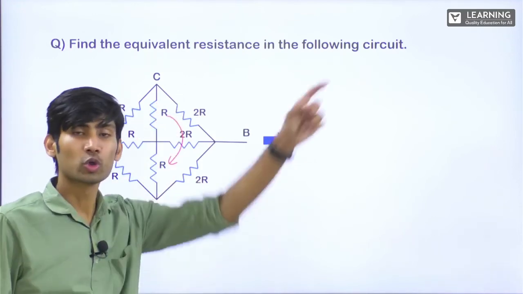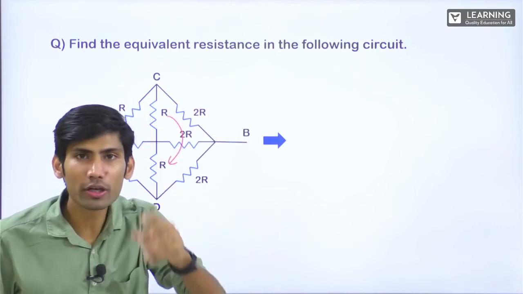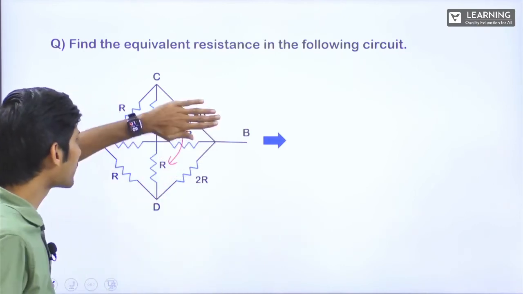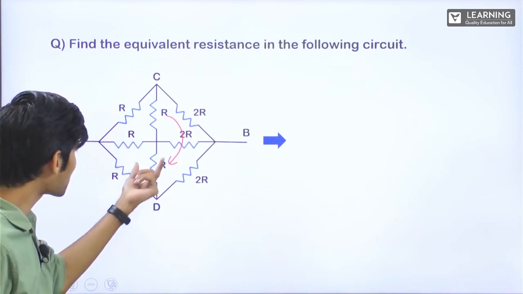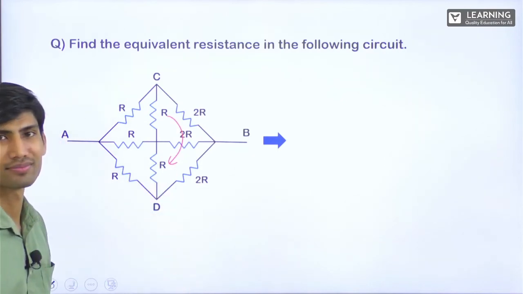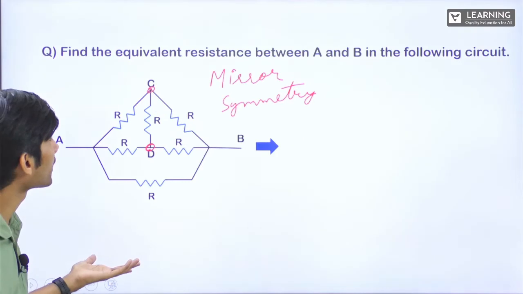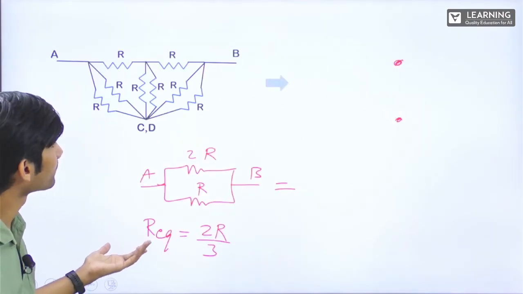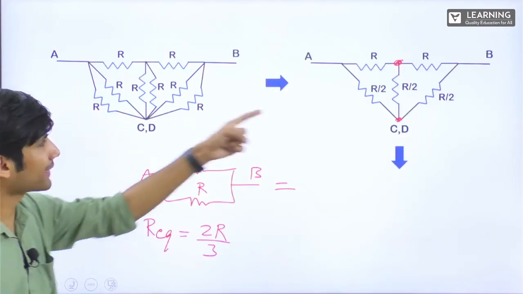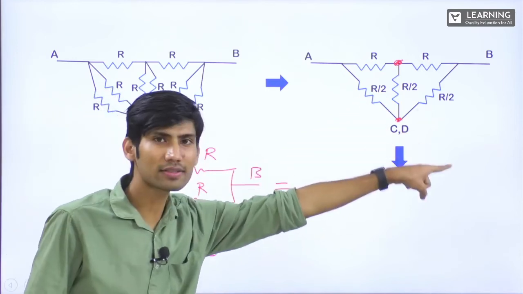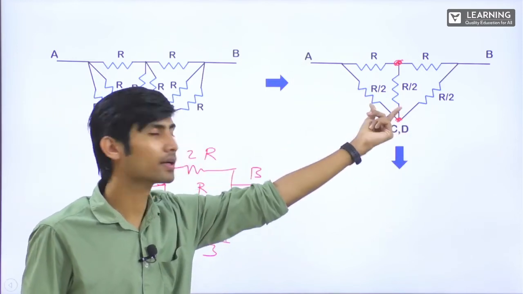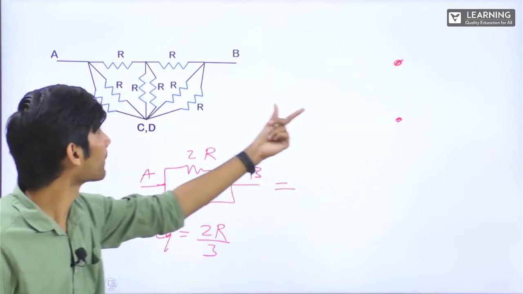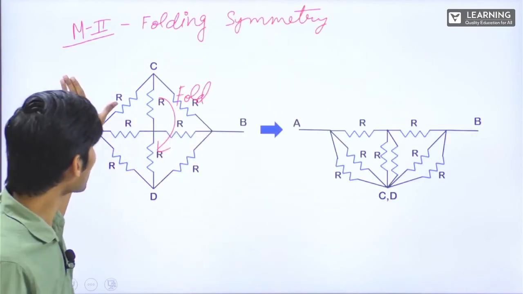Now you should know, to do directly, whenever we'll be doing folding symmetry, what we have to do is remove this upper part and the resistances which are below, we have to make it half. Correct? That's what we did in the last question. See, I'll show you. Here, we folded it. But at the end, all the resistances which were below this AB line, they were halved. See here. It was like this. The upper part is removed.